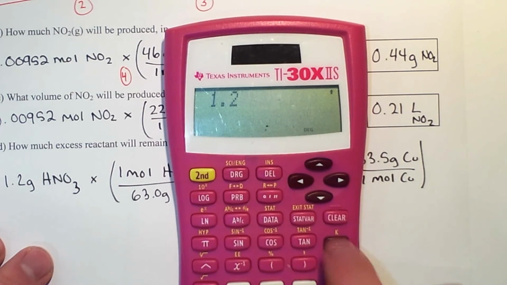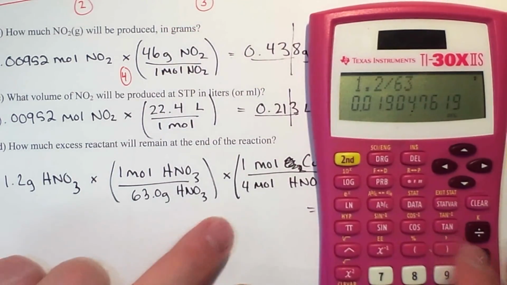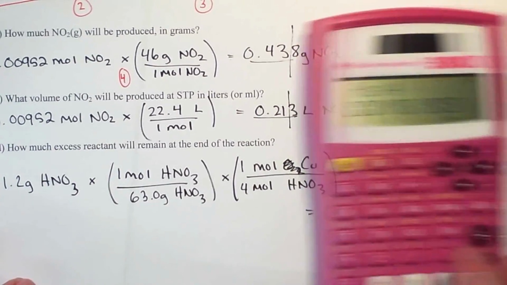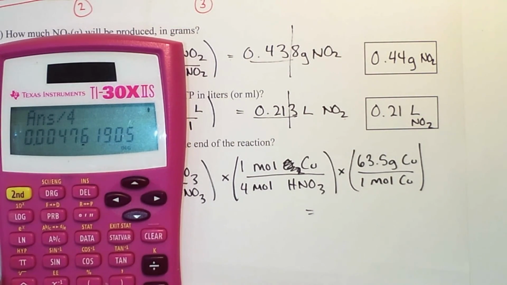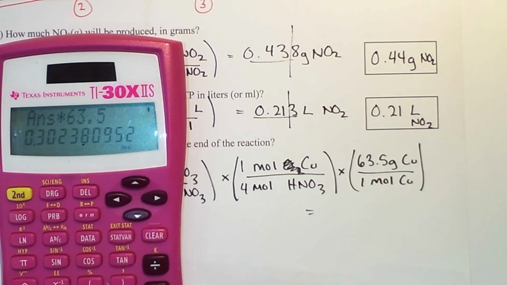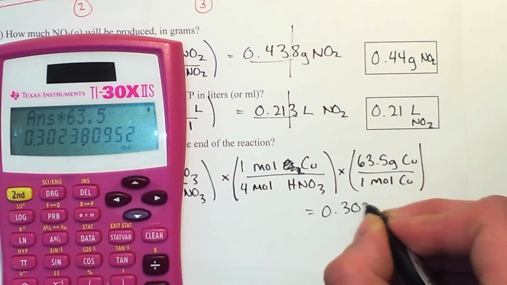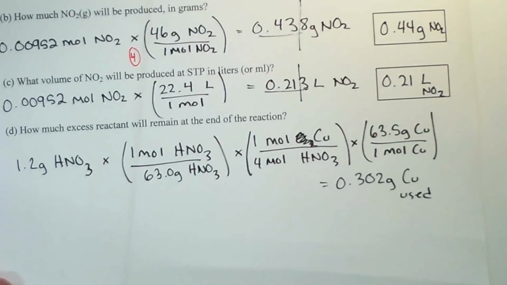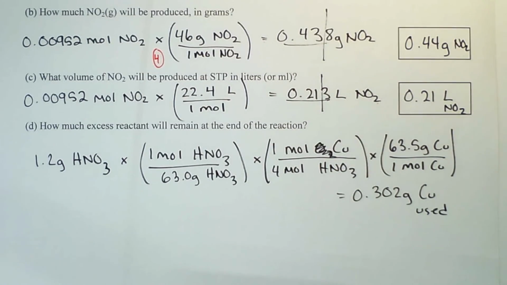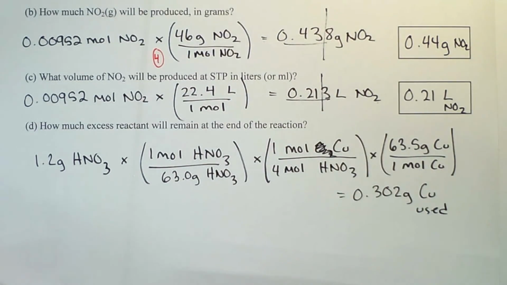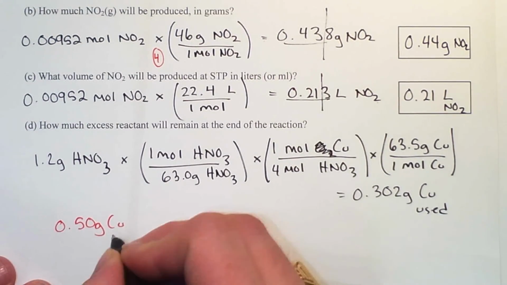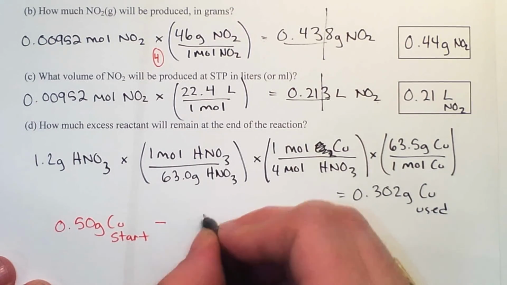So let's go through our calculation. 1.2 divided by 63. So I'm in moles, divide by 4. So now I'm in moles of copper, times 63.5. 0.302 grams of copper must have been used. So again, that's what was used. The question is asking us how much is left. So I had 0.50 grams of copper to start.